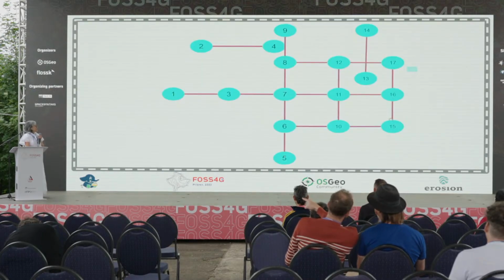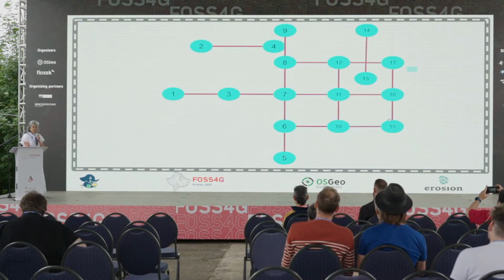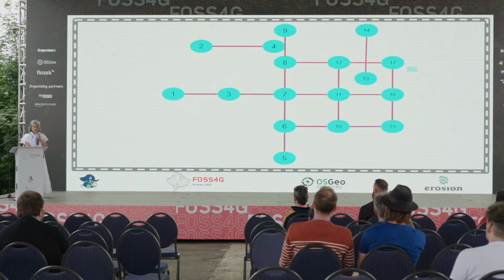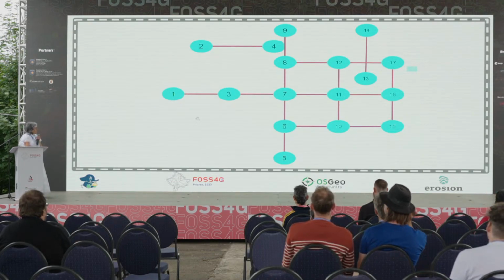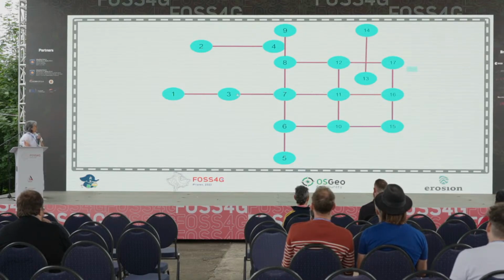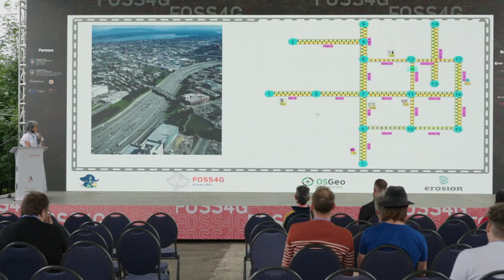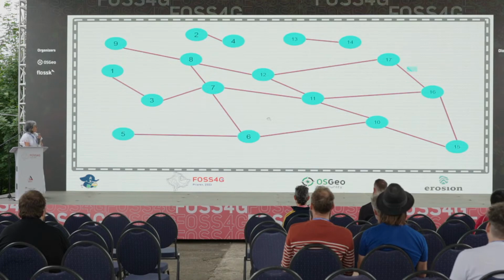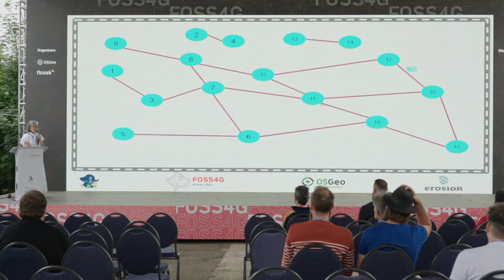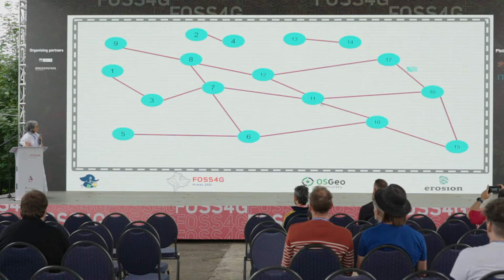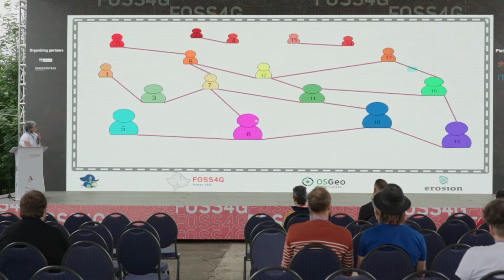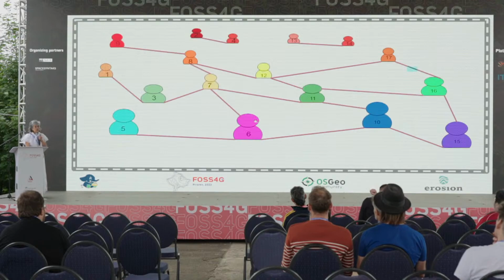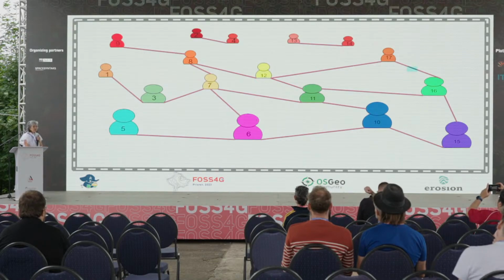Therefore, we're using pgRouting with a graph representation of a city, which is this idea. You can see the intersections of the streets and the streets. But this is the same graph, with the nodes located in a different position, and it can be a representation of the relations between people, okay?